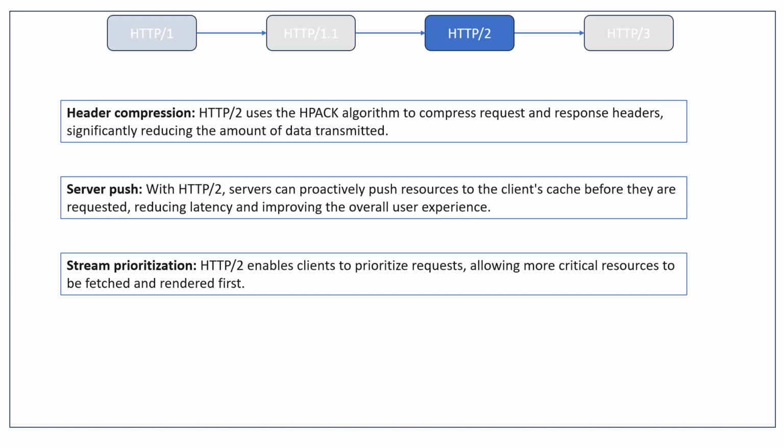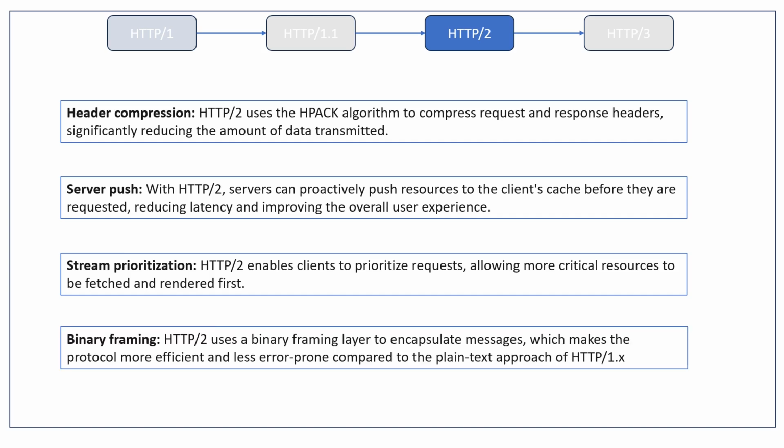Then we also have stream prioritization. Here, HTTP clients are now able to prioritize requests. They can prioritize those critical resources which are required faster than other resources, so the server can respond accordingly at the priority level.